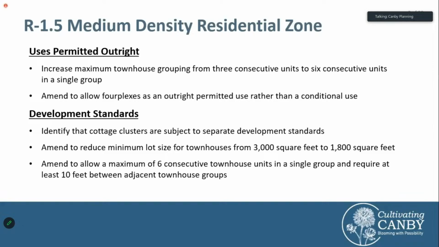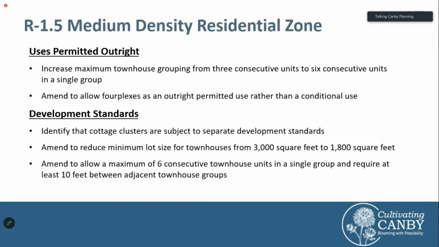This change is really meant to provide opportunity for what we understand in the market to be your standard 20-foot wide townhouse product, which is pretty common on the market today. And so we're trying to set a target that would accommodate that standard product.